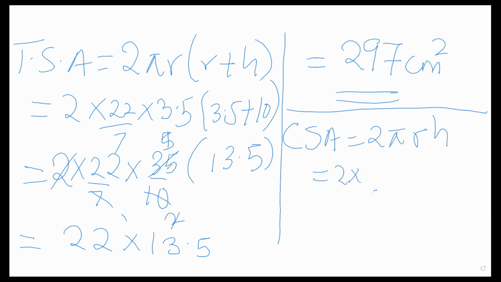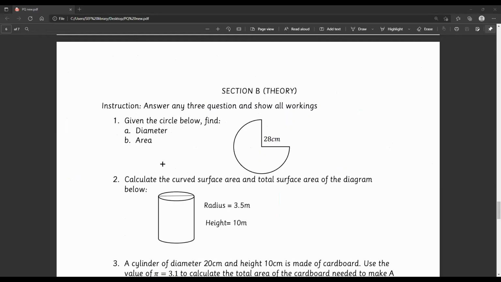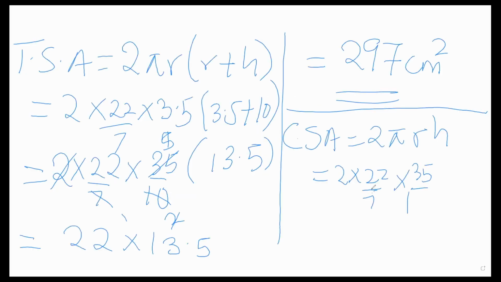So we have this to be 2 times 22 over 7 multiplied by our r, which is what? 3.5, which we can write as 35 over 10, multiplied by our height, which is 10 centimeter.